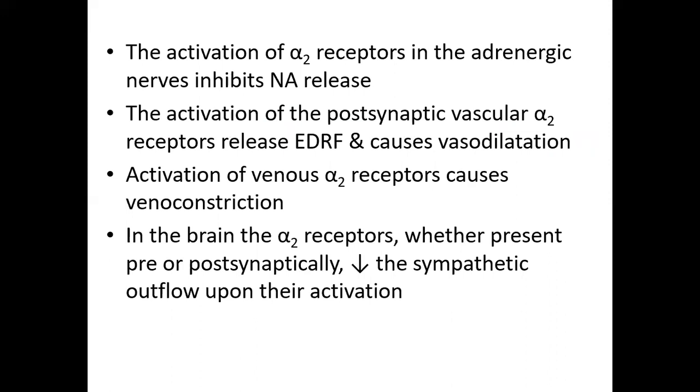The activation of these alpha 2 receptors in the adrenergic nerve inhibits noradrenaline release. The activation of postsynaptic vascular alpha 2 receptors releases EDRF, and therefore there is vasodilatation and a fall in blood pressure. Activation of venous alpha 2 receptors causes venoconstriction, so there is increased blood pressure.